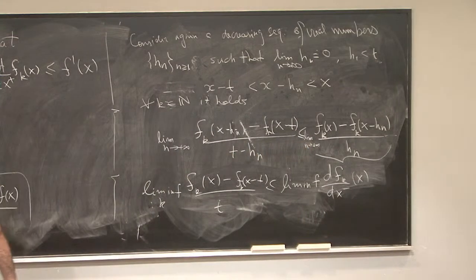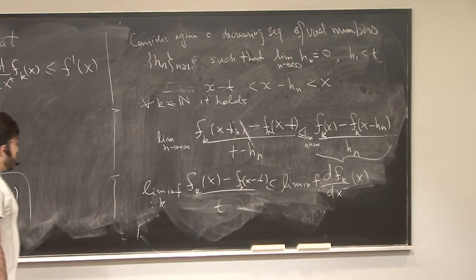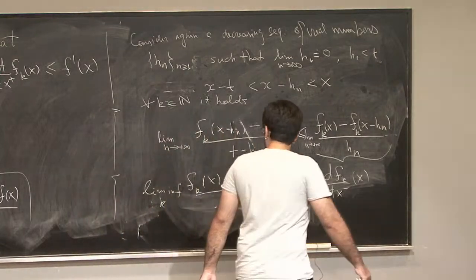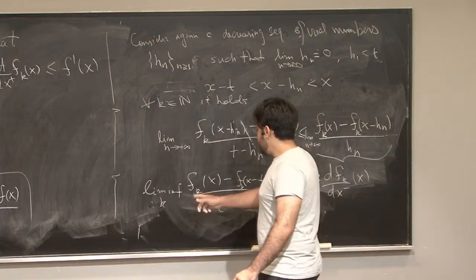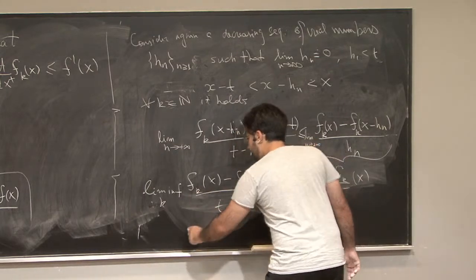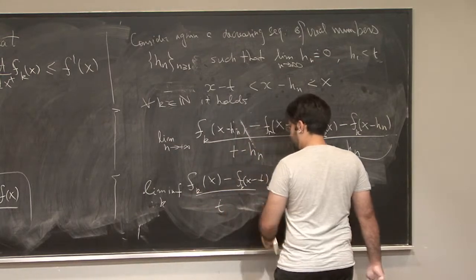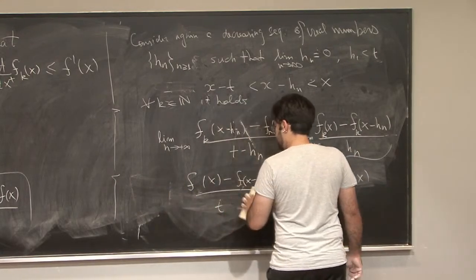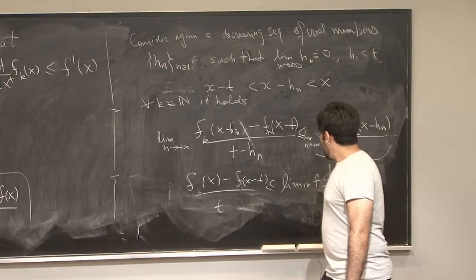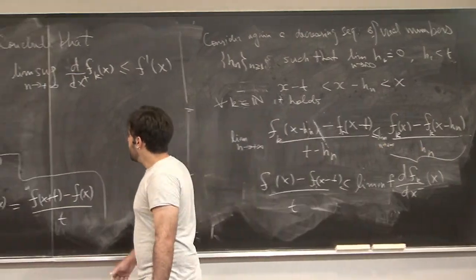So what I get here again is that since fk is converging to f, this will be exactly this. And then I have a similar result.